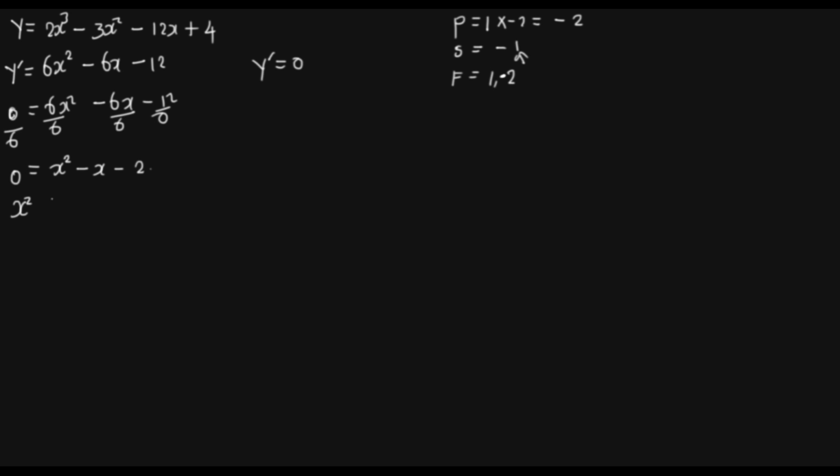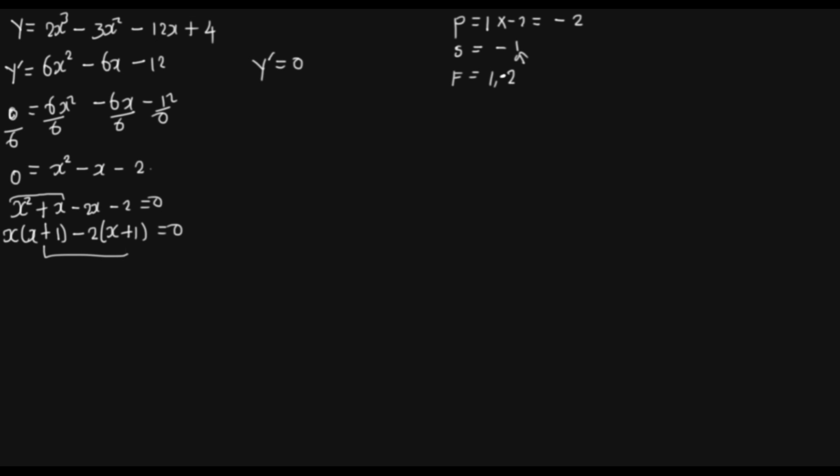x squared plus x minus 2x minus 2 is equal to 0. So we can now factorize this part. x is common. x into x squared is x², plus x into x is 1. Here negative 2 is common. Negative 2 into negative 2x is positive x. Negative 2 into negative 2 is plus 1.